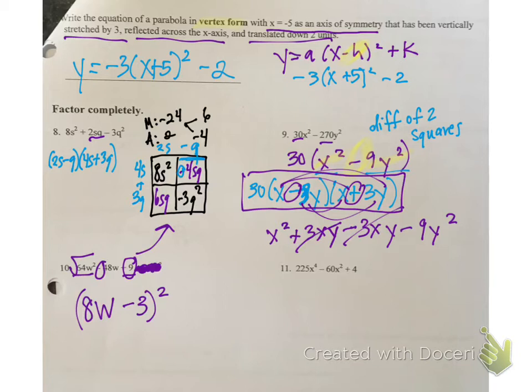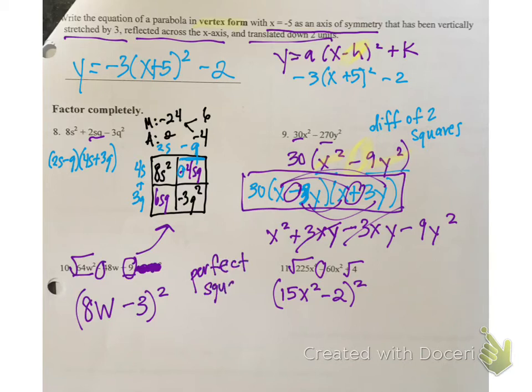With number 11, same thing. I can take the square root of both of these, take the sign of the middle. So the square root of 225x to the fourth is 15x squared. Square root of 4 is 2. Take the sign of the middle. Squared. So these are perfect squares.